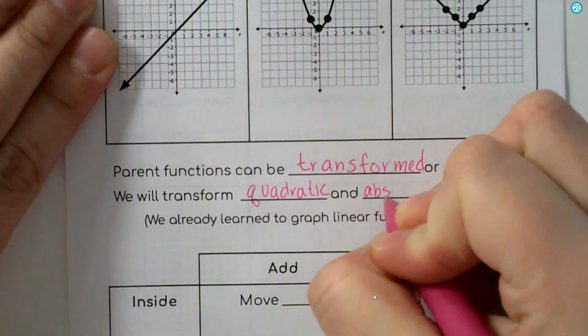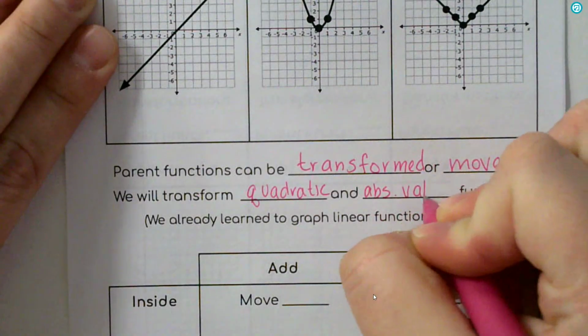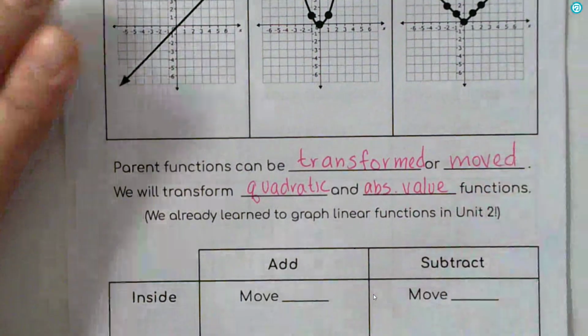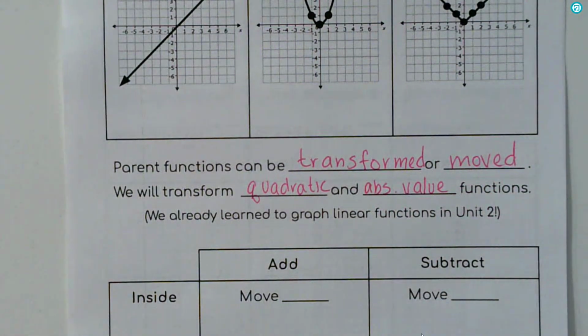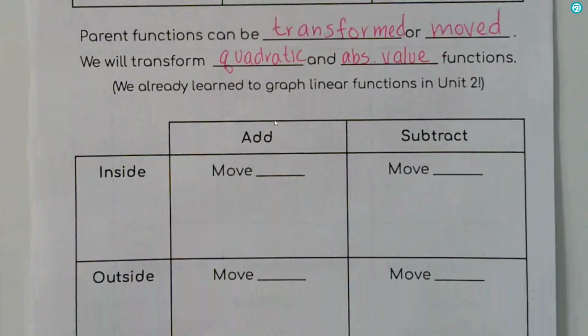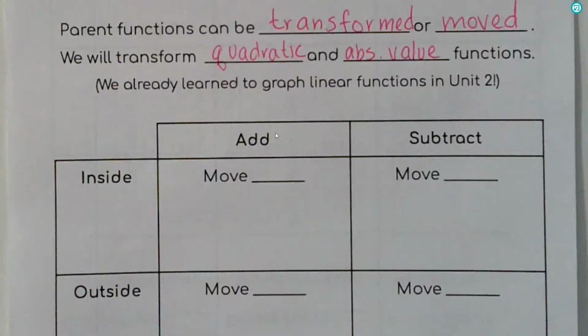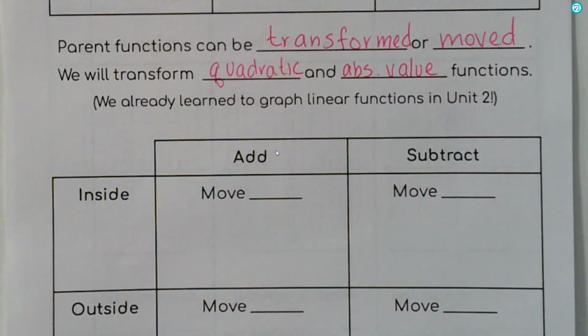This blank is not big enough. I'm going to write abs value. Abbreviate absolute. Okay, we are not going to transform linear functions because linear functions are so simple in and of themselves that we should just graph them using slope-intercept form, which we already know how to do. So we're not going to transform linear functions.